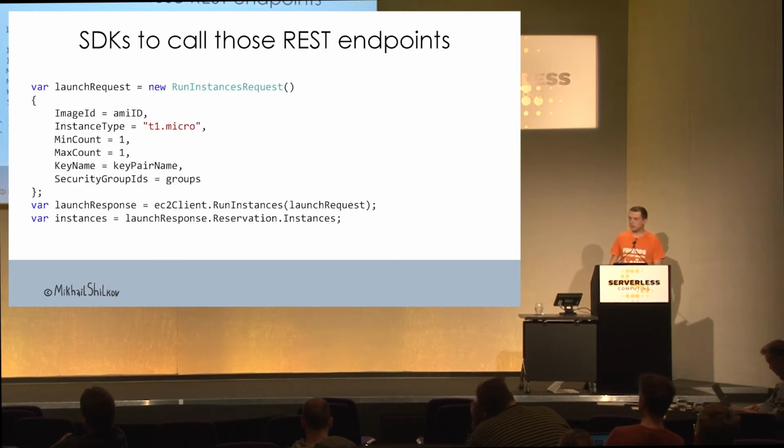First, every cloud provider has an SDK for most common languages, where basically the code from C# or Java or Python would be translated to those HTTP queries that I showed on the last slide, one-to-one, more or less. But you get strong types and you get compile-time checks and IntelliSense and whatnot.